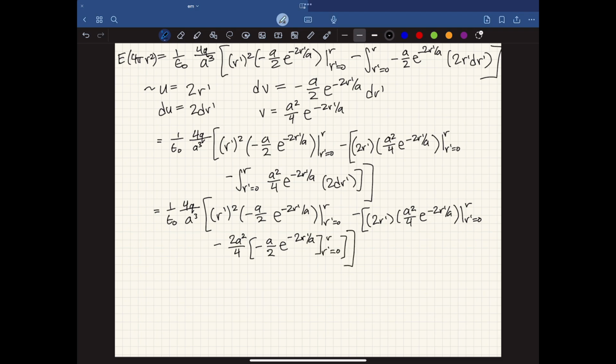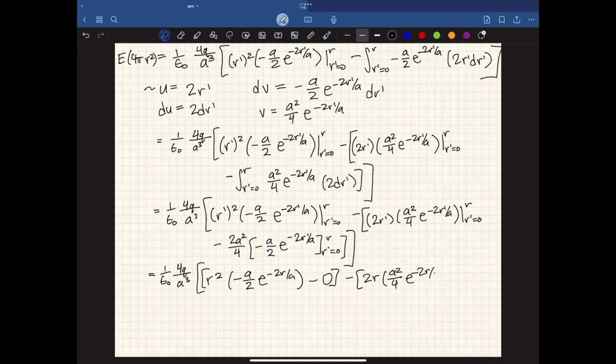Now I will substitute in numbers for r prime, and I will also carry out this minus sign. So e to the power of 0 equals 1, and I will continue this on the next page.